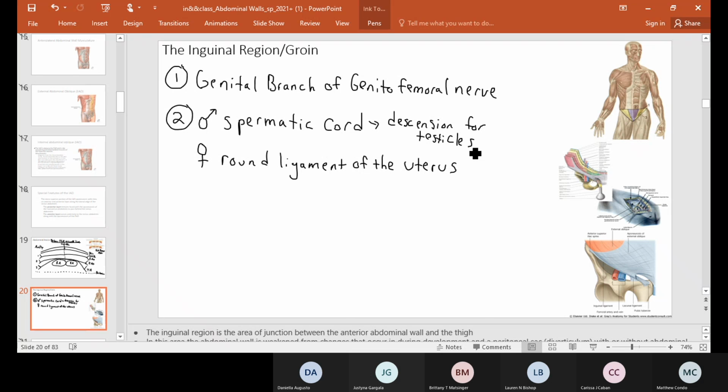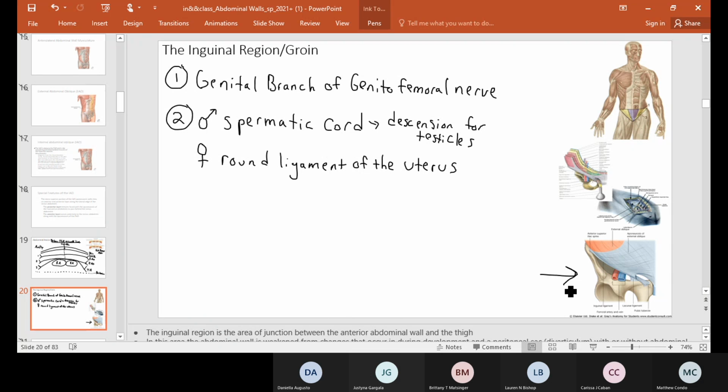Also, what we're going to see, and you can kind of see it in this picture more than the others, is that I'm going to have two large vessels that go underneath this inguinal canal, because as you can see, the inguinal canal is kind of made up of the free edge of external abdominal oblique.